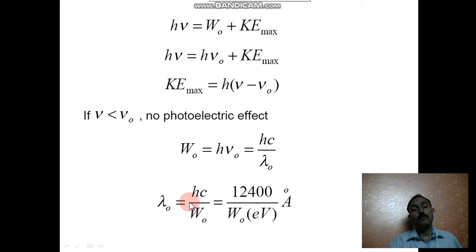Lambda naught is equal to hc by W naught. Putting in the values of h and c, we can convert this as 12,400 by W naught, with W naught in electron volts and lambda in angstrom.